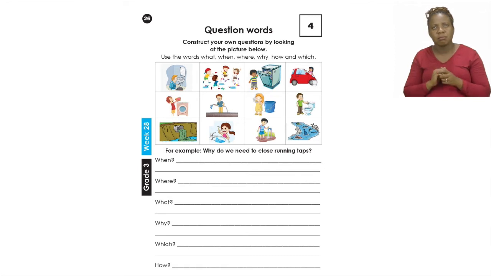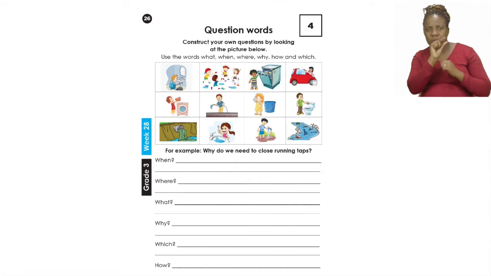There are 1, 2, 3, 4 pictures. In the second picture, you have a girl brushing her teeth. Now, if I look at the picture and I want to use the word when, I can say, when do we need to brush our teeth? Remember your question mark at the end of the sentence.